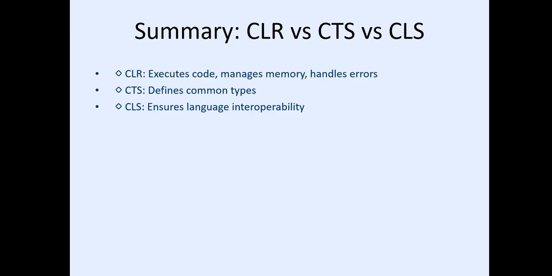What is CLS? CLS means Common Language Specification. If you are writing in one language, presently we are using C sharp. Suppose your friend or colleague uses different languages in the .NET framework, like F sharp and VB.NET.